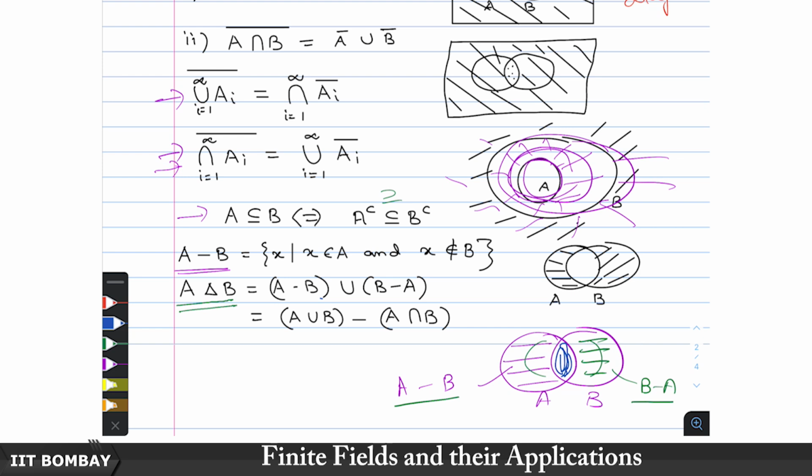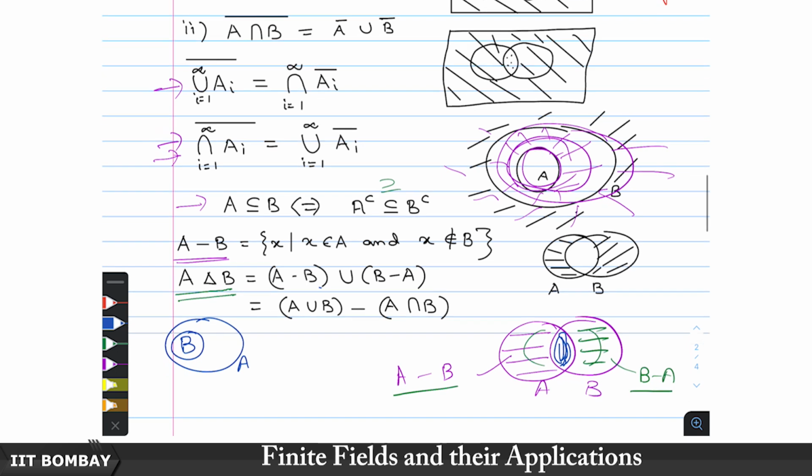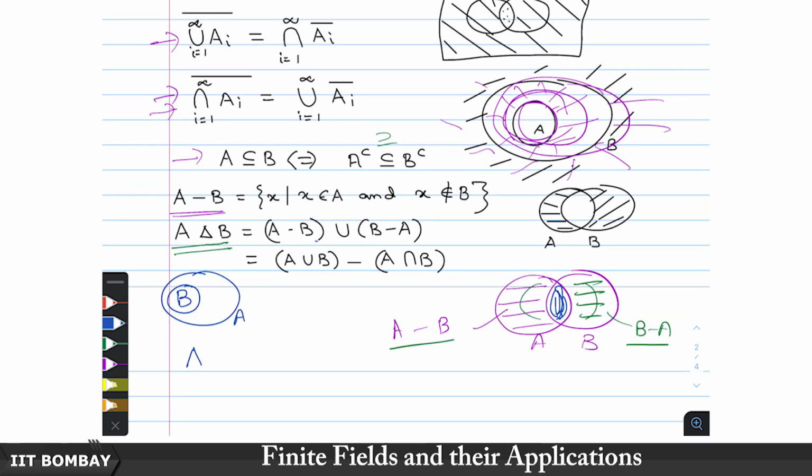Another related notation: suppose B is a subset of A, then A minus B is also written as A set minus B like this. It means the set of all elements in A which are not in B.